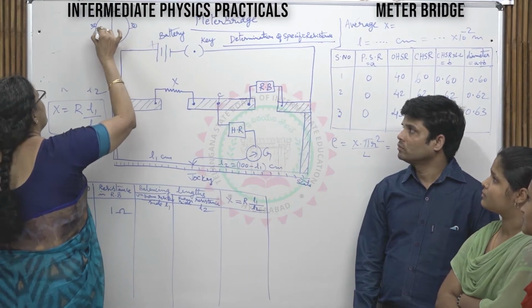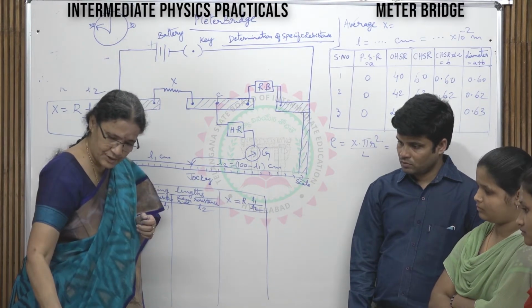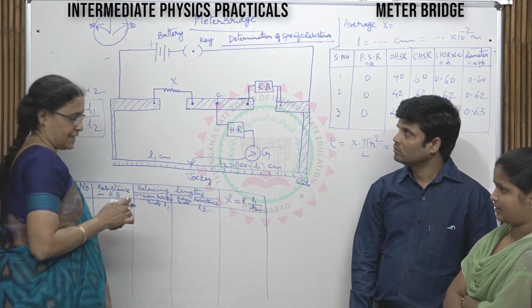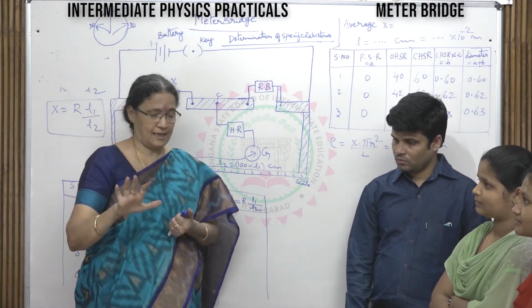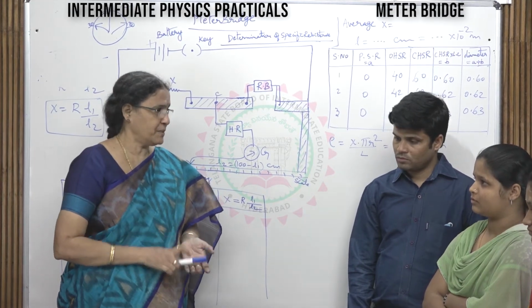You should get the deflection to one side. Now, if you press it to the other extreme, you should get the deflection in the opposite direction. Only then are the connections correct. Otherwise, check where you have made the mistake.